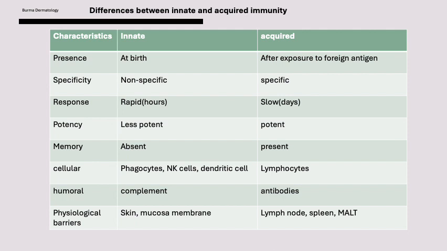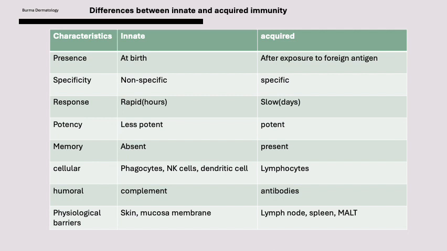The immune response is rapid, taking place within hours, but less potent in the innate arm. In the acquired arm, the response is slower, usually taking days, but more potent in contrast. And immunological memory is absent in the innate arm, but present in the acquired arm.